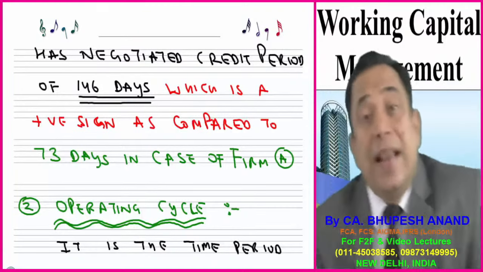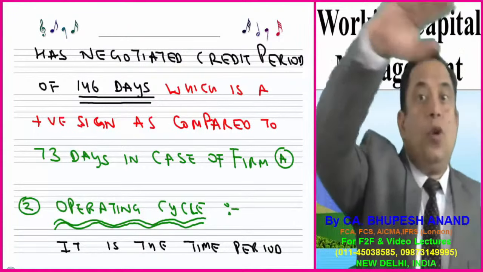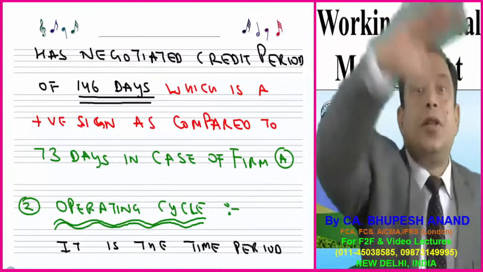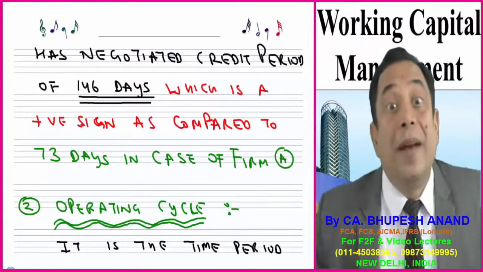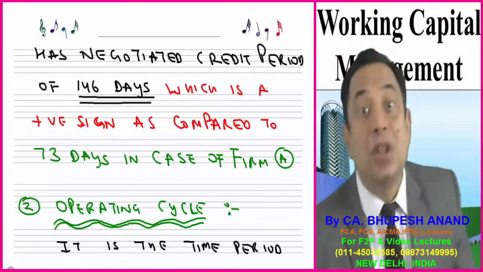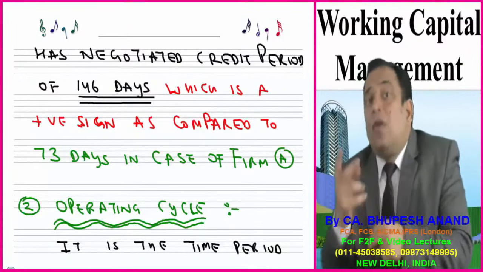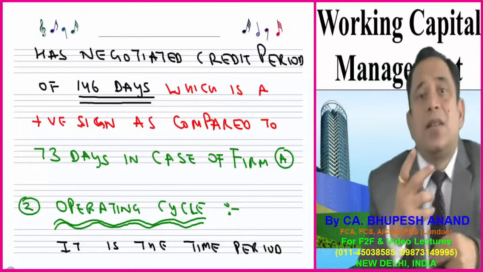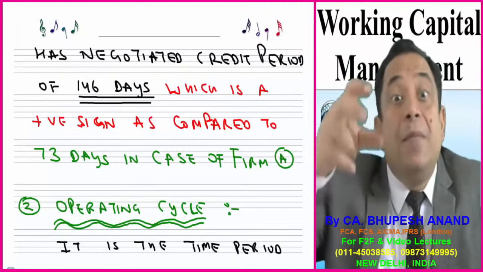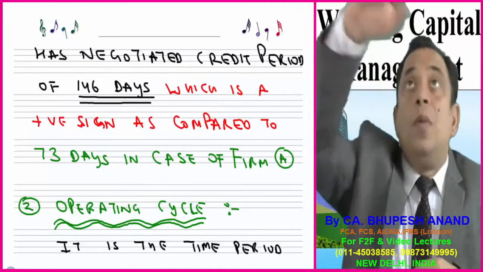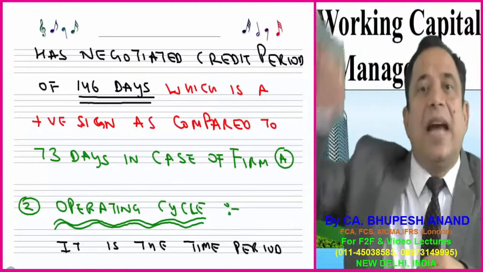Now I'm switching to the next concept, named operating cycle. As I've told you, working capital is the capital required for smooth functioning of operating activities. When I say smooth functioning of operating activities, it means the main, primary business, and how much time it takes to complete this cycle.